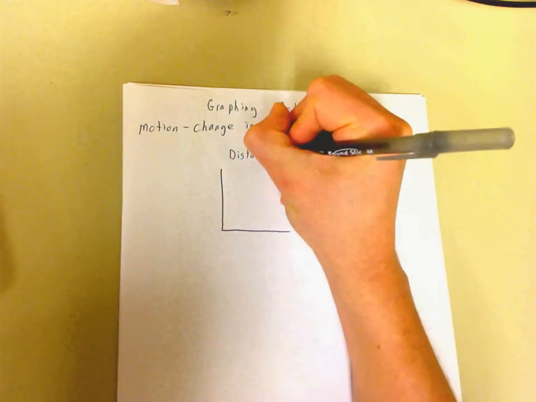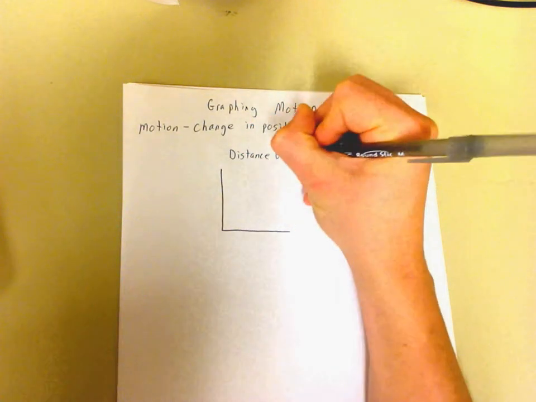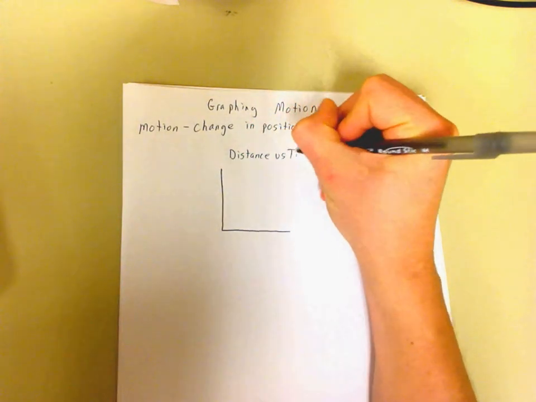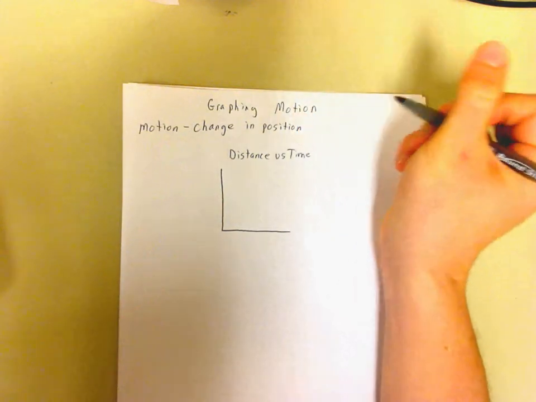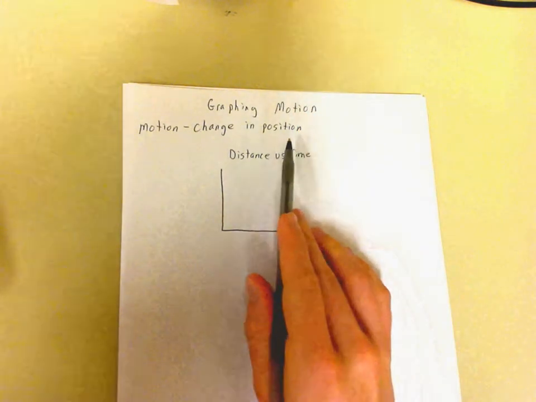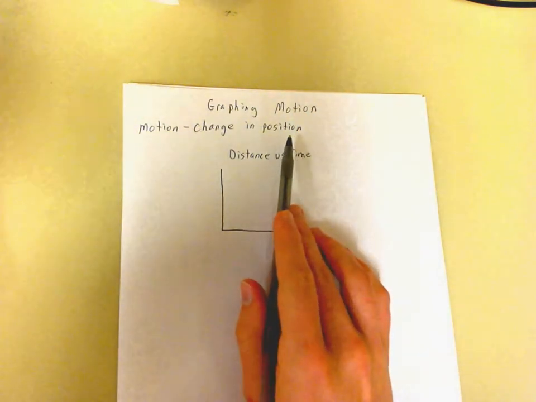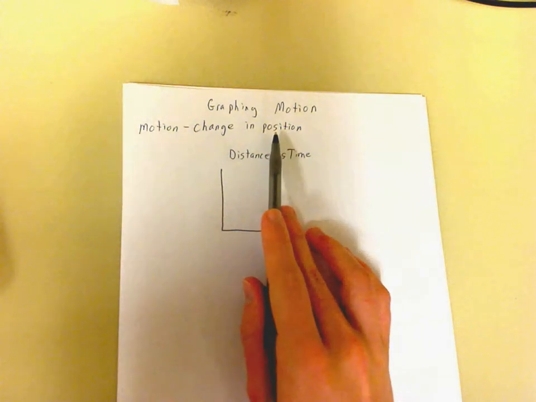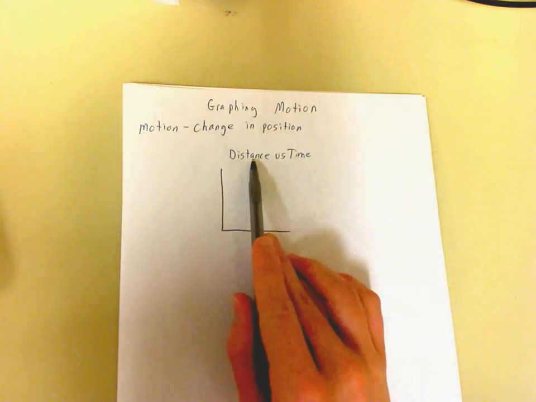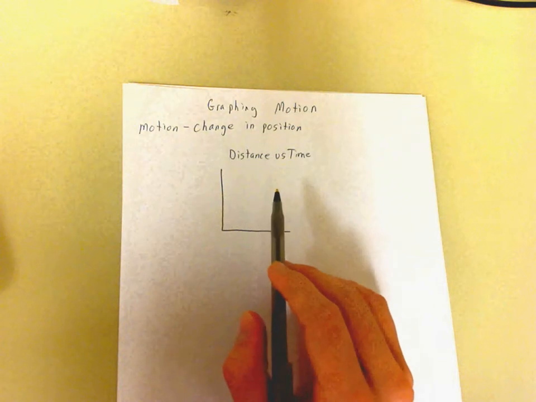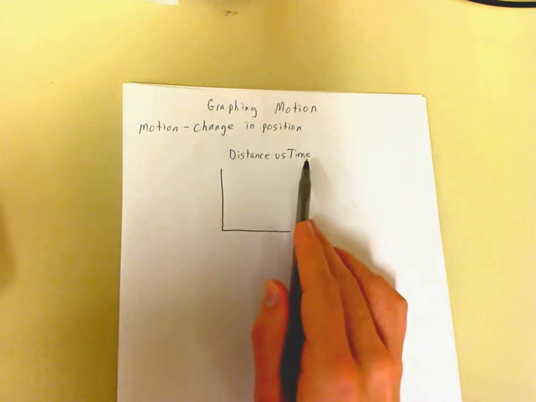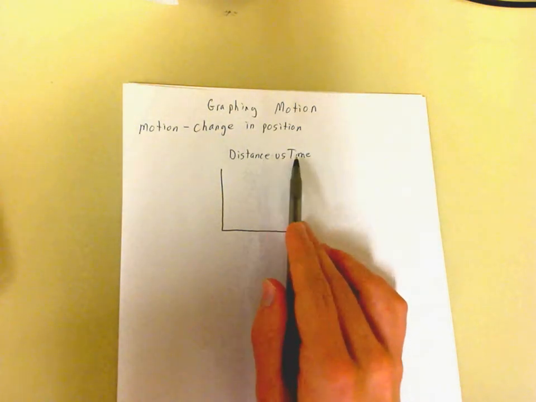And why is it a distance versus time graph? Because since we're having a change in position, we want to, A, know what that change in position is, and so we need to know our distance, and B, we want to know what was the time frame between that change in position.